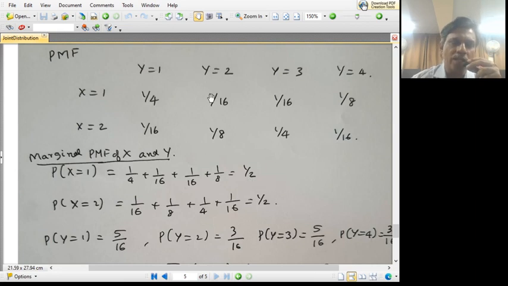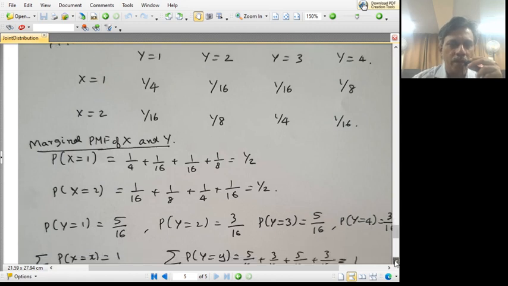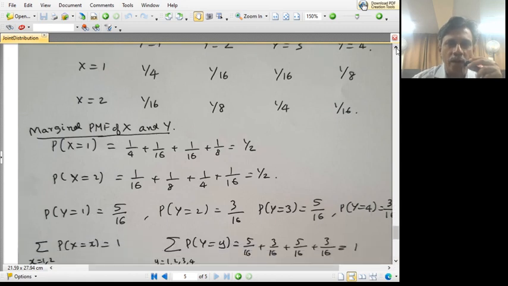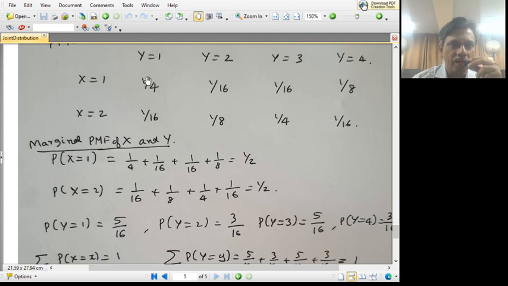Incidentally, this also tells that the sum of all these 4 probability masses of the joint one adds up to 1. Coming to Y, probability that Y equal to 1 is the sum of these two probabilities, and similarly for Y equal to 2, Y equal to 3, Y equal to 4. So probability of Y equal to 1 is 1 by 4 plus 1 by 16. If you multiply by 4, it is 4 by 16 plus 1 by 16, which is 5 by 16.